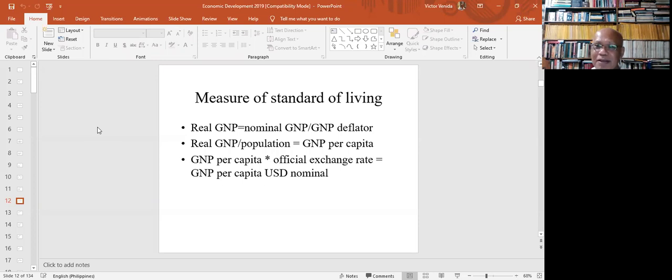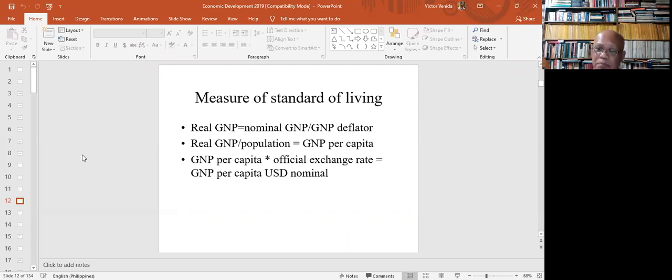You have wide differences among countries, which is why, in order to remove the effects of the size of the population, you then get GNP per capita, which is the GNP, usually expressed in the dollar value, divided by the population of the country. So you therefore have your GNP per capita data.